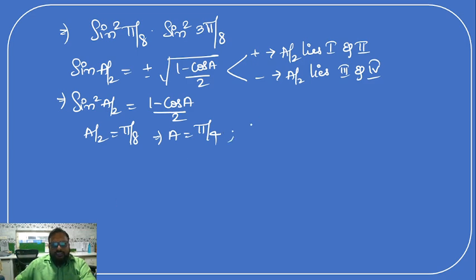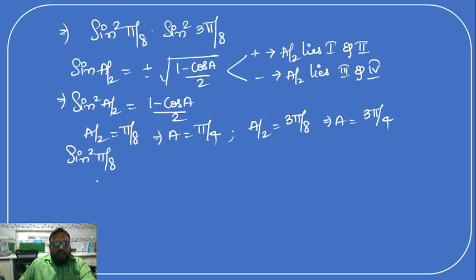Similarly, the second instance, A/2 = 3π/8, gives A = 3π/4. So sin² π/8 = (1 − cos π/4)/2, substituting exactly in the formula.